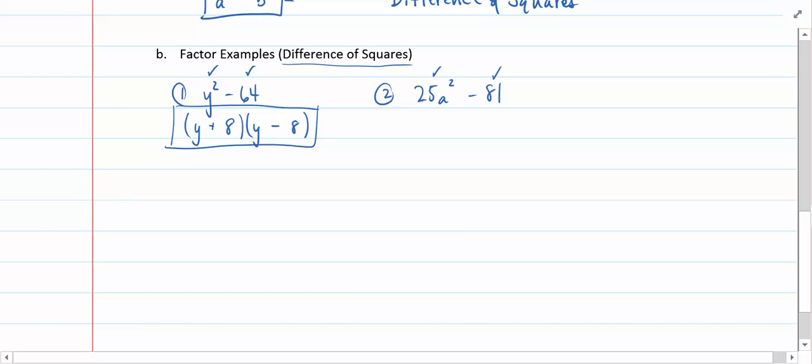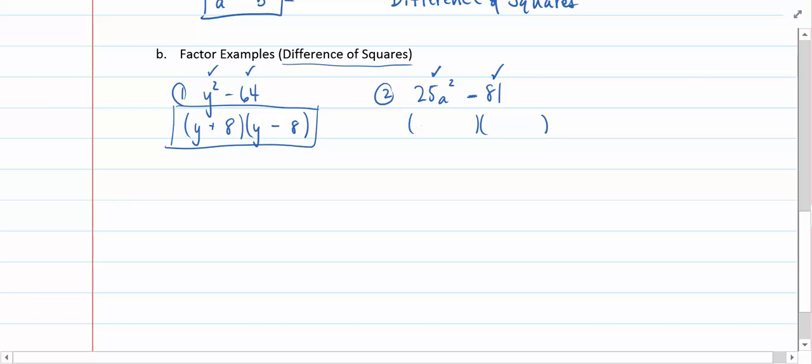Since it's a product of two pieces, both a number and a variable, each piece has to have a square root. Since 25 has a square root being 5, and a squared has a square root being a, we know that both the first term and the second term of our binomial are squares, and they're being subtracted from one another.